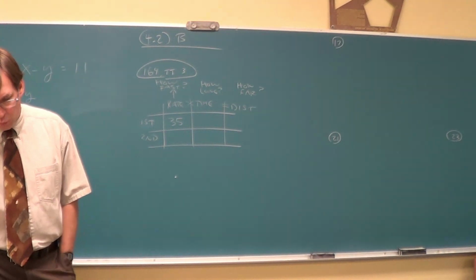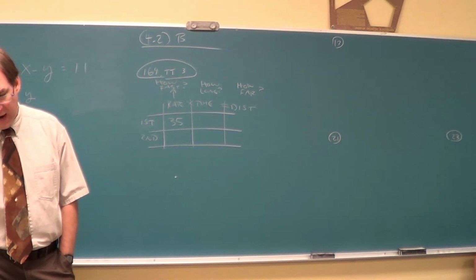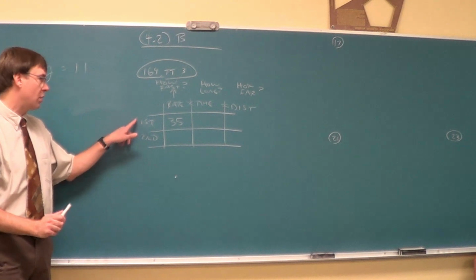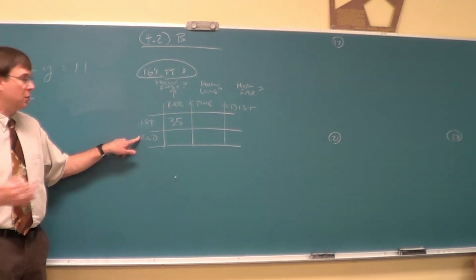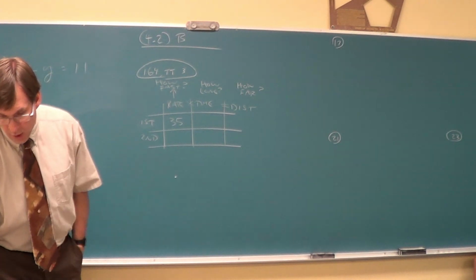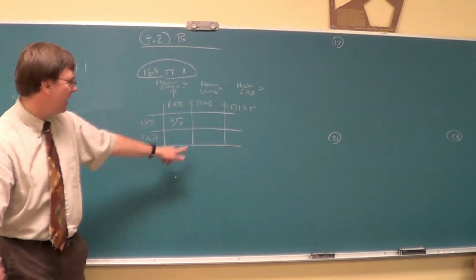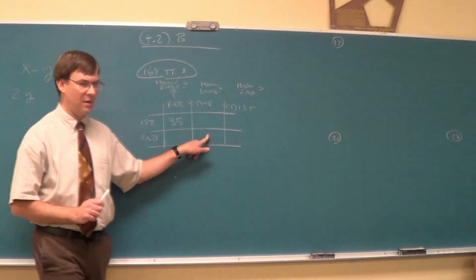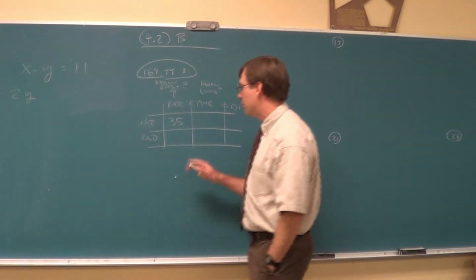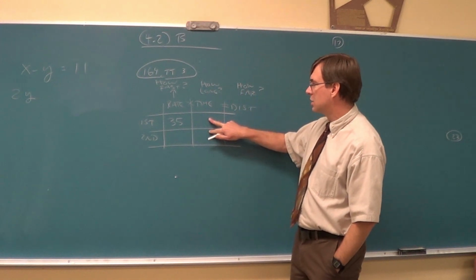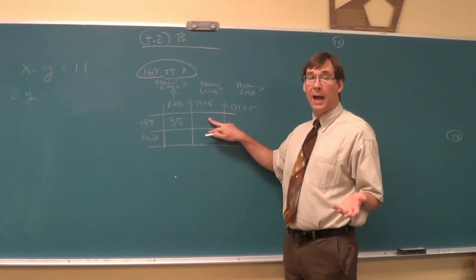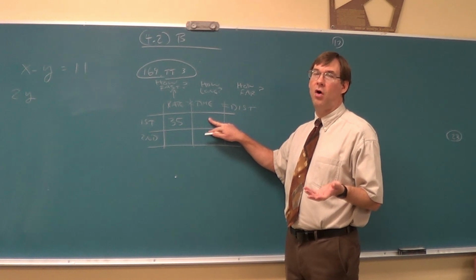Then it says 1 hour later, the faster train leaves Barstow. So I could have called these slow and fast. Those would have been fine labels also. If this train is leaving an hour later, there's two ways you could rig up these time boxes. We don't know either one exactly, so both of them have to involve a variable.